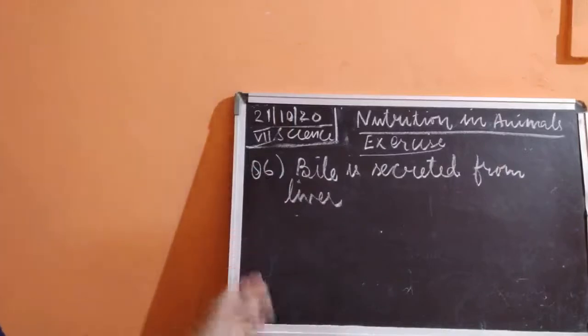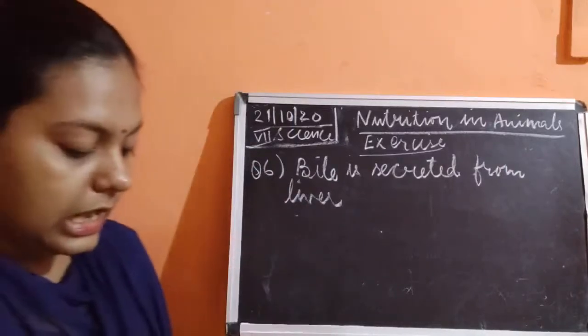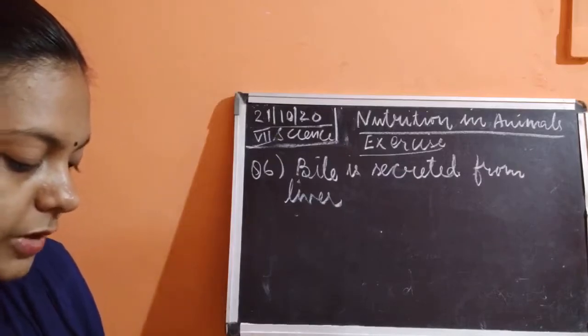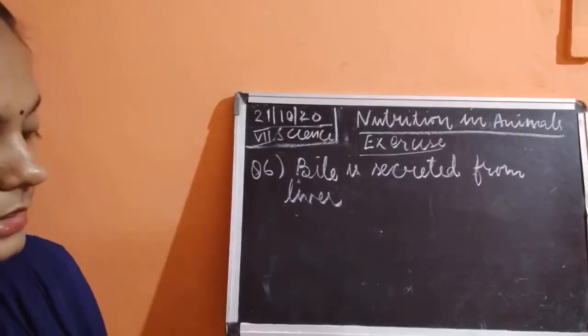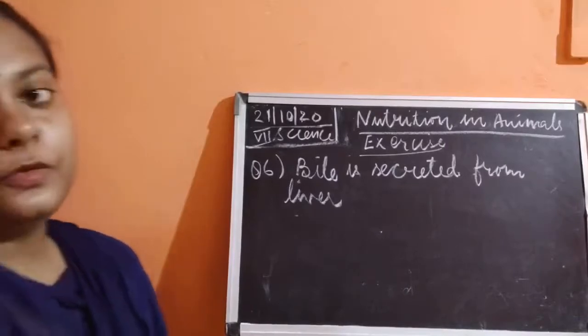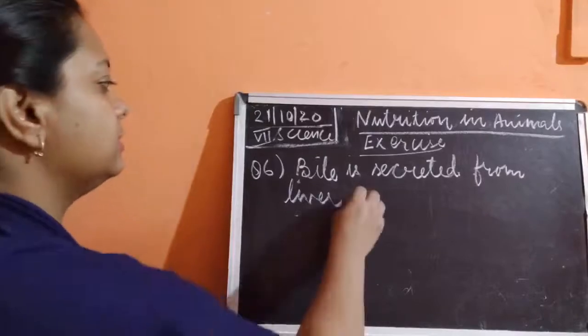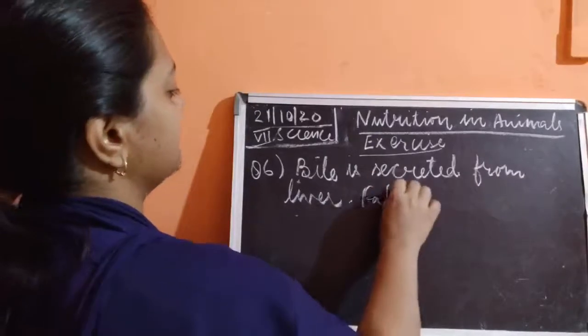Where is bile secreted? It is secreted from the liver. Which component of food does it help to digest? The component of food digested with the help of bile is fats and oils.